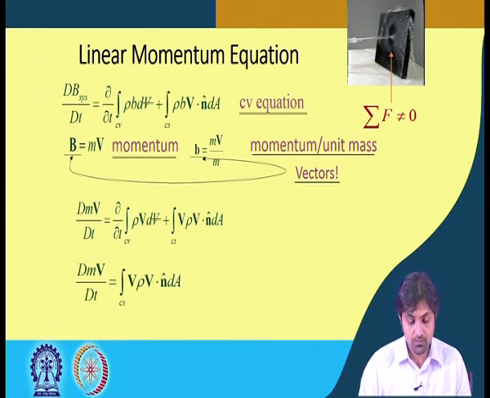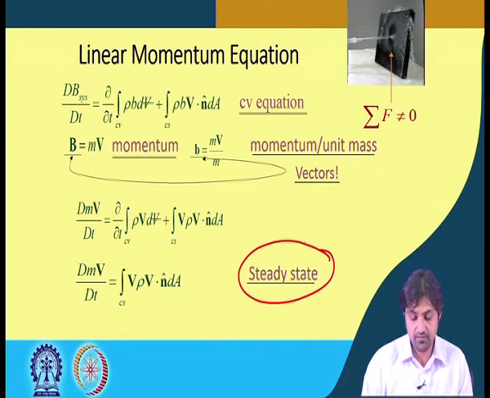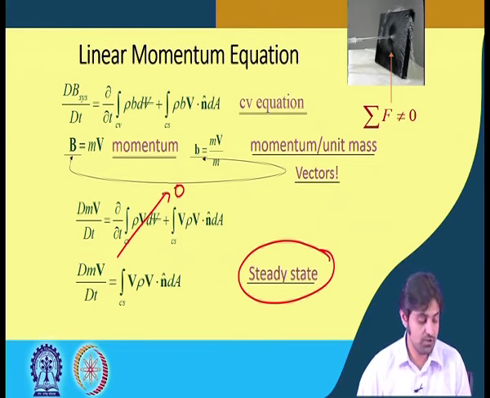It is going to be d(mV)/dt equal to the integral of rho V (V dot n) dA. For steady state, this term will go to 0, because there is no change in property with respect to time.